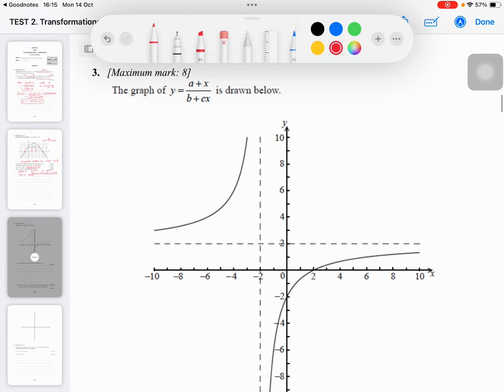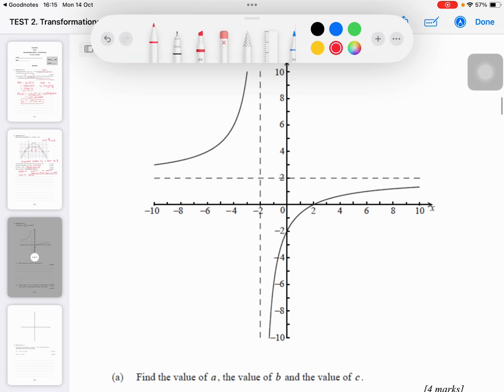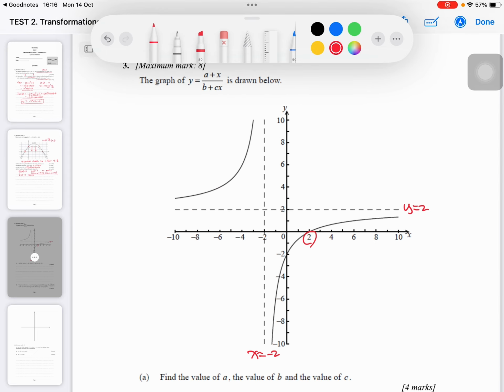And number 3. It has x-intercept 2, y-intercept -2, horizontal asymptote y equals 2, vertical asymptote x equals -2. So let's start from the x-intercept.